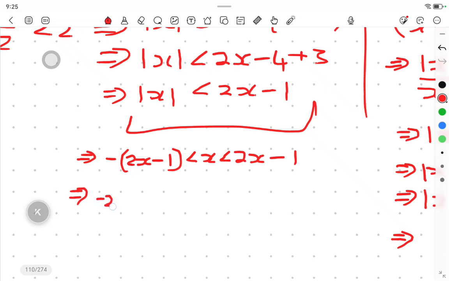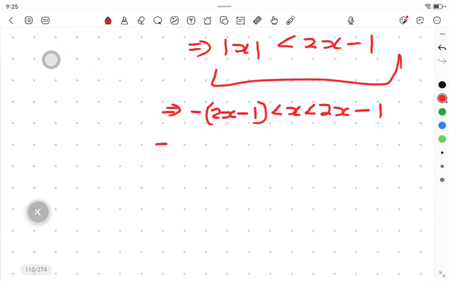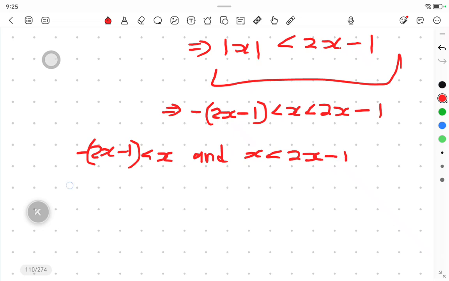This means that this would be, let me write it from here so I can have a lot of space. Minus 2x minus 1 less than x. Since it's less, I'm going to say and x less than 2x minus 1. Then I start solving for this, obviously. Then the x goes that side, then this will become 3x.